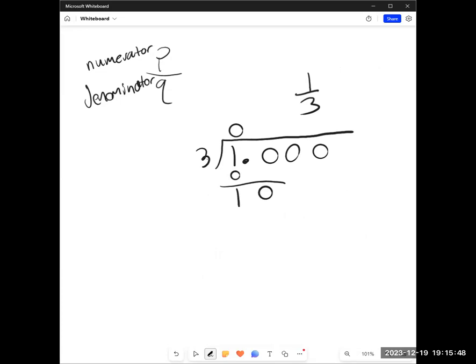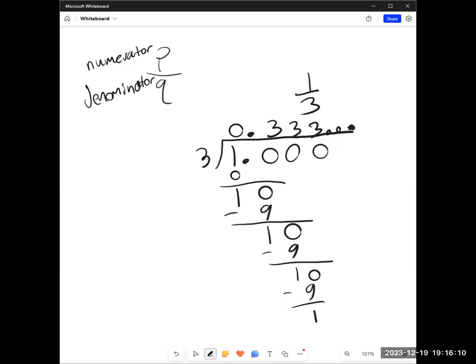Bring down the 0. 3 goes into 10 3 times. 3 times 3 is 9, with a difference of 1. Bring down the 0. 3 goes into 10 3 times, and I think you can start to see a pattern forming here, that this is going to keep repeating.